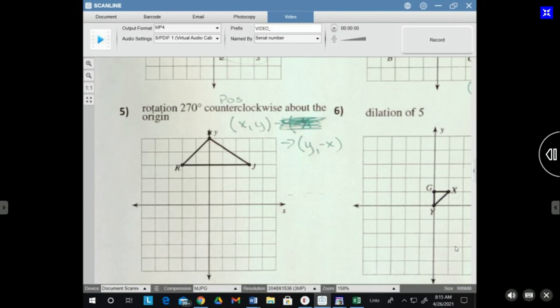If you get stuck, hand up. First, just pick one. Which one do you want to work on? J. All right, so let's label where J is now.